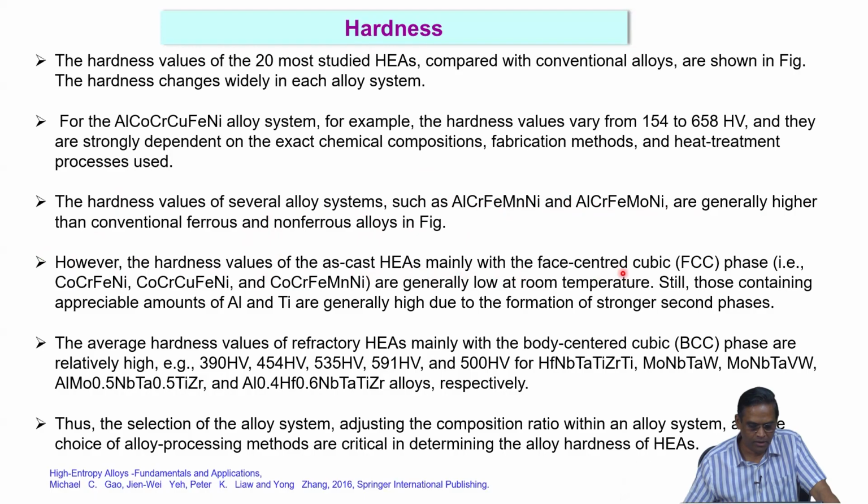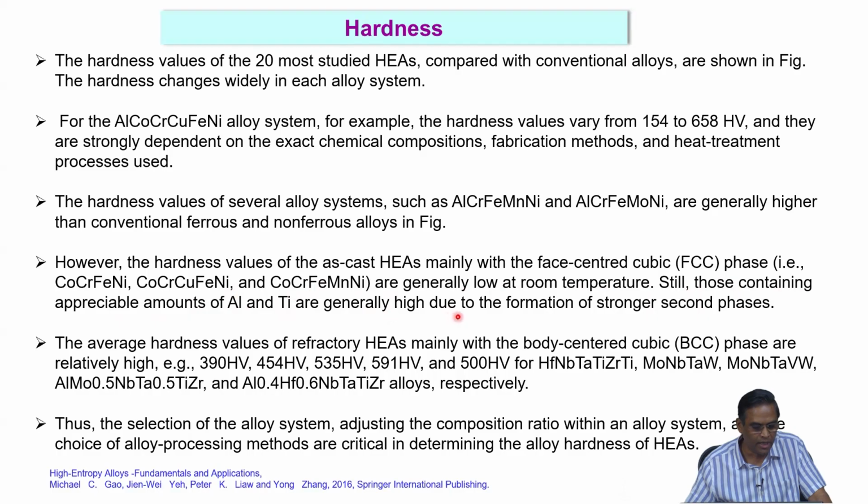However, the hardness values of the as-cast high entropy alloys, mainly with the face-centered cubic phase, for example cobalt, chromium, iron, nickel, or cobalt, chromium, copper, iron, nickel, or cobalt, chromium, iron, manganese, nickel, are generally low at room temperature.